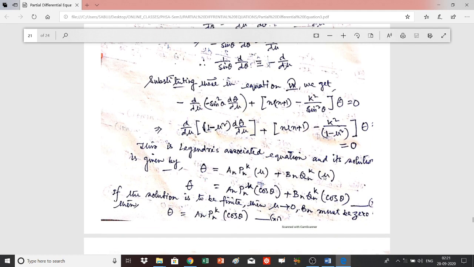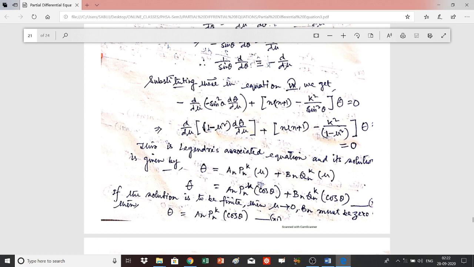and using value of mu, theta is equal to an Pnk cos theta plus bn Pnk cos theta, and the solution is to be finite. Then if the solution is to be finite, then mu tends to be 0, and if mu tends to be 0, then bn must be 0. Bn should be 0, and therefore theta is equal to an Pnk cos theta.